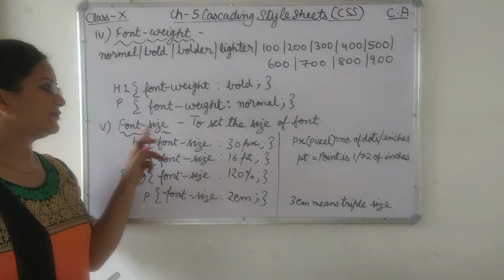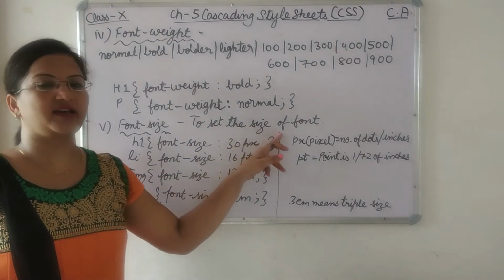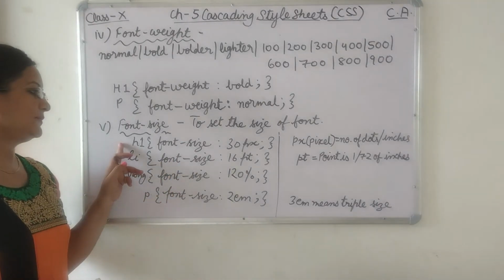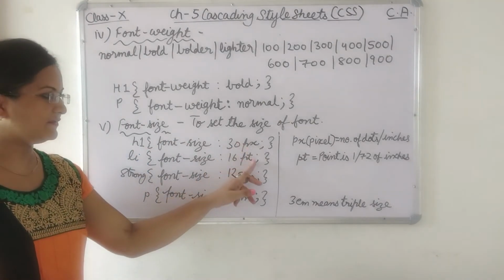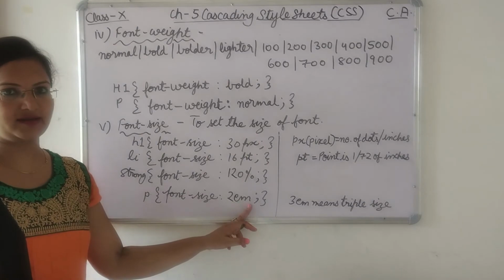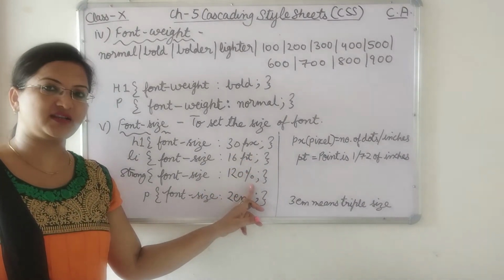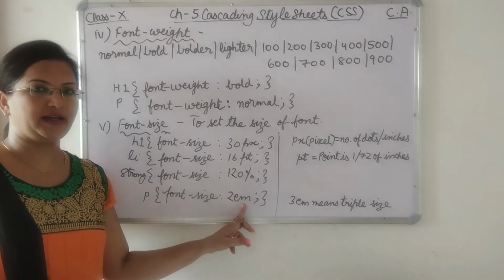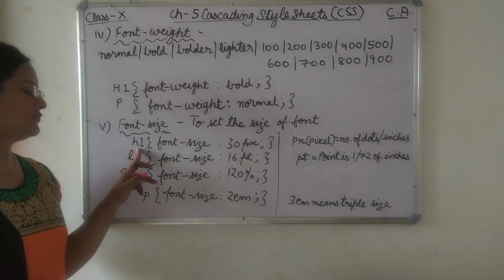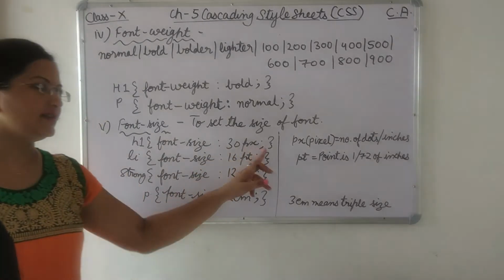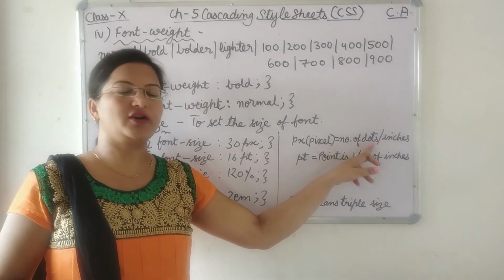Then font-size. Font-size, you know, is to set the size of the font, to increase or decrease the size. There are 4 ways we can specify the size. It can be pixels, points, percentages, or EM. So first of all, H1, font-size 30 pixels. Pixels are actually the number of dots per inch.